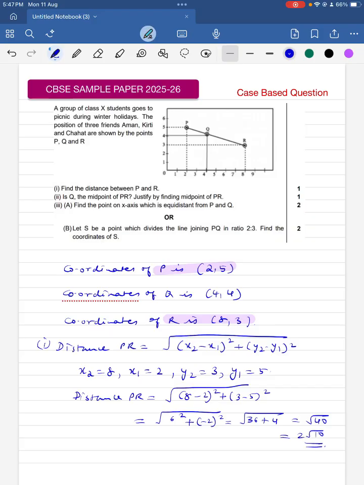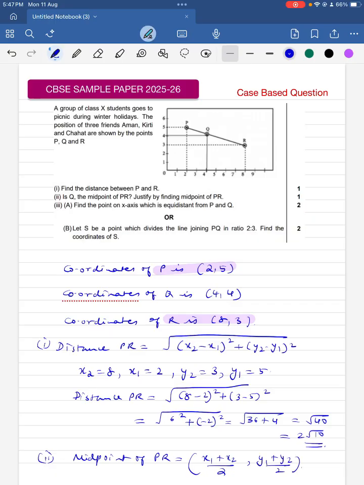Okay, now in the second part of the question, they're asking, is Q the midpoint of PR? Justify by finding the midpoint of PR. So let's find the midpoint of PR using the midpoint formula. Midpoint of PR is equal to x1 plus x2 by 2, y1 plus y2 by 2.